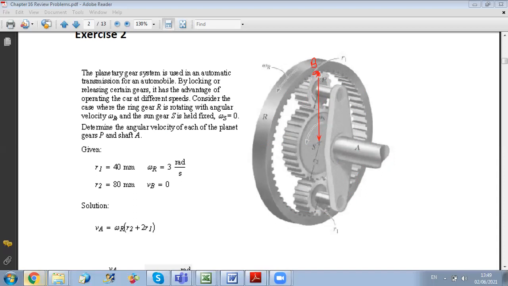This distance to B I will split into parts: first the radius of the sun gear, and then 2 times the radius of gear P. So in total I have R of S plus 2R of P.